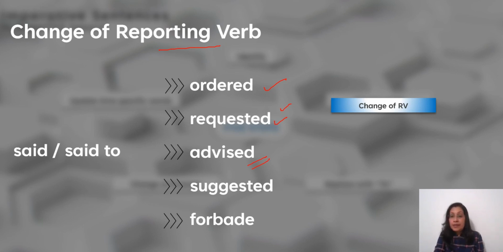It can also be a suggestion when it is from the younger to the elders, or a friend to another friend. So you give a suggestion. In those cases, the reporting verb said to in the direct speech changes to suggested in the reported speech.